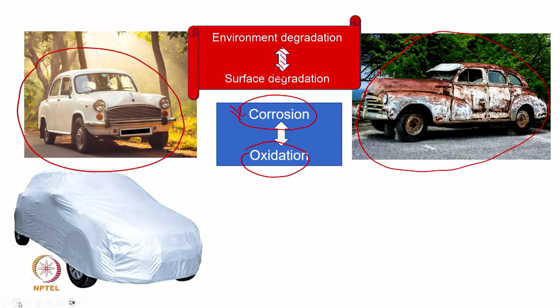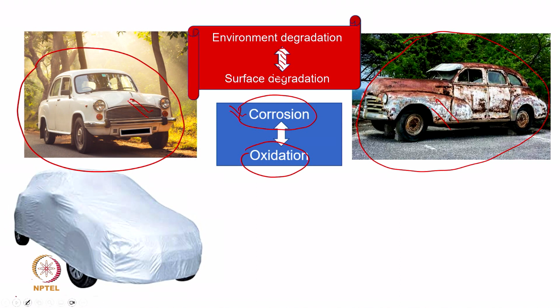So, how do we really go to the next level? Again I am taking a very simple example, just to avoid this kind of corrosion. Instead of letting this component corrode in this form, we can make a cover on it; we can protect this car completely with one cover. What will happen in this case? When we are covering, the car will be protected, and this is what we can say: we are protecting the surface.